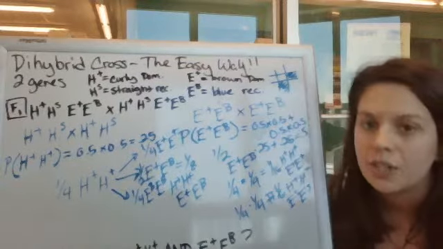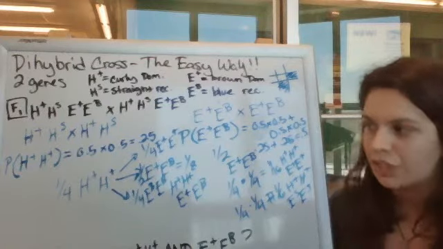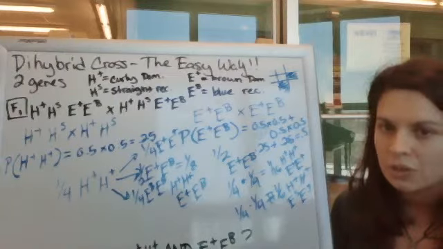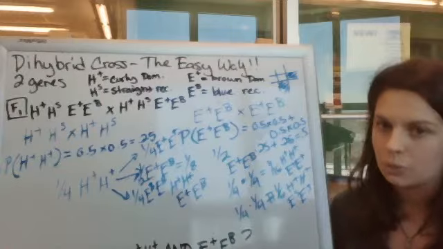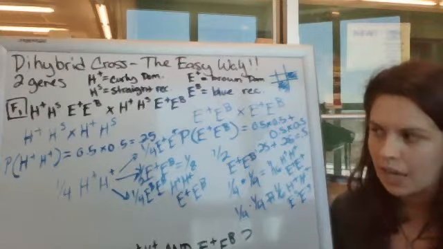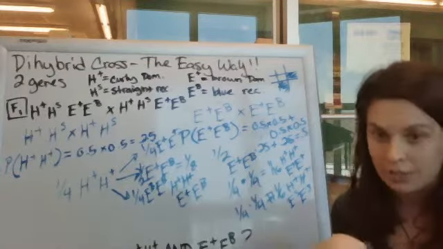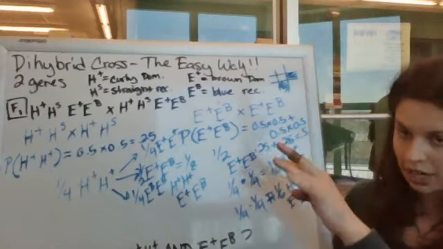But the idea is you can use these probability trees for all sorts of things. If you ever need to quickly, without doing out the whole Punnett square and counting, figure out how many individuals in a dihybrid cross are going to be heterozygous for both traits, you can do that very easily just by doing the multiplication tree.